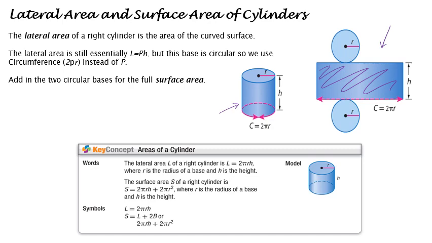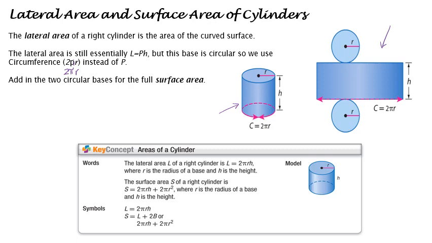So this really is still basically our perimeter times height, but we're talking about a circle, so the perimeter of a circle, we call that specifically the circumference. So our circumference, 2 pi r, or pi times the diameter. So we use that instead of perimeter.